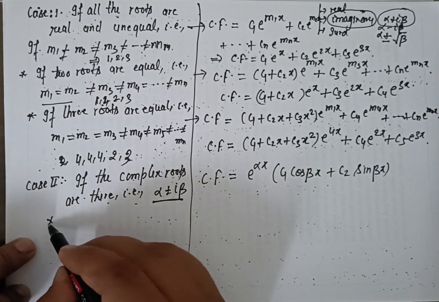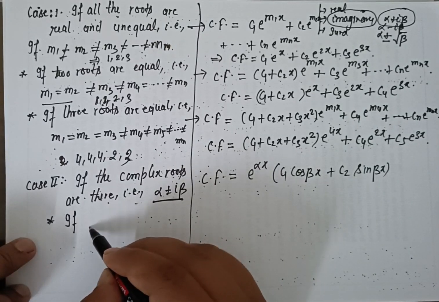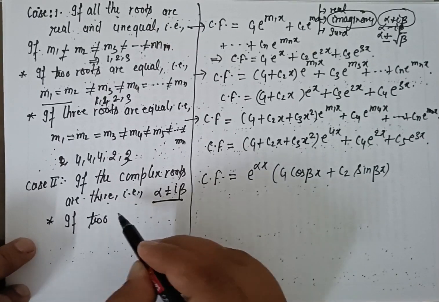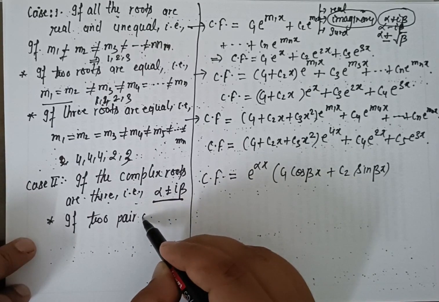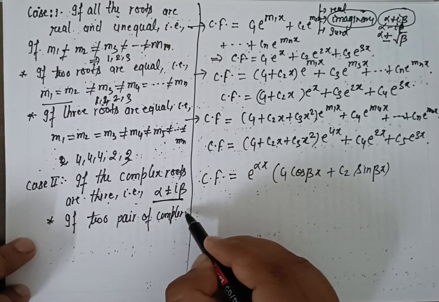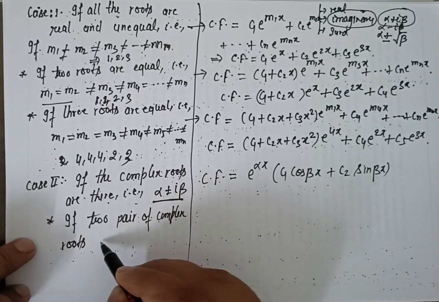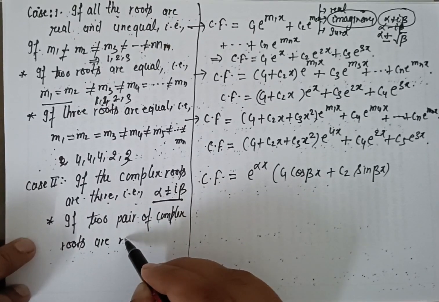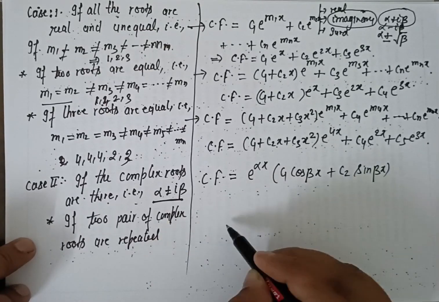Now if two pairs of complex roots are repeated, then what about the complementary function?